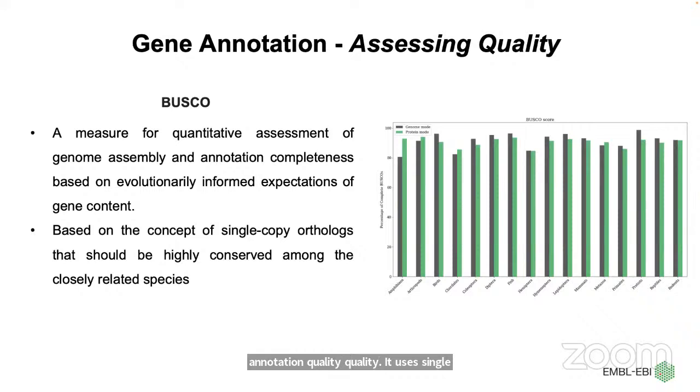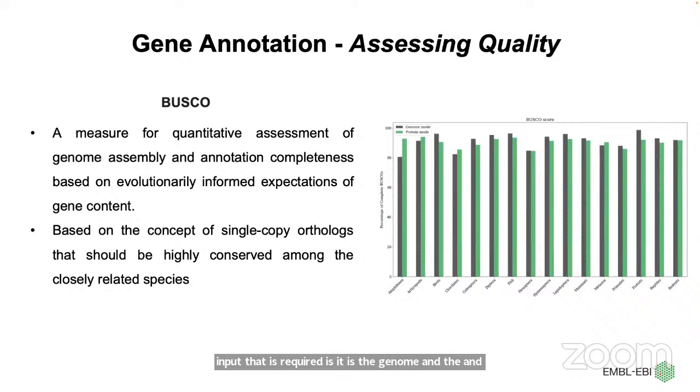So what it does is BUSCO has already trained different clades and provides a set of hidden Markov models for each of these clades. So when you run BUSCO, you take your input, so it can be run in both genome and protein mode. When it's running in genome mode, it is assessing how complete the genome is, and the only input that is required is the genome and the lineage that it belongs to.